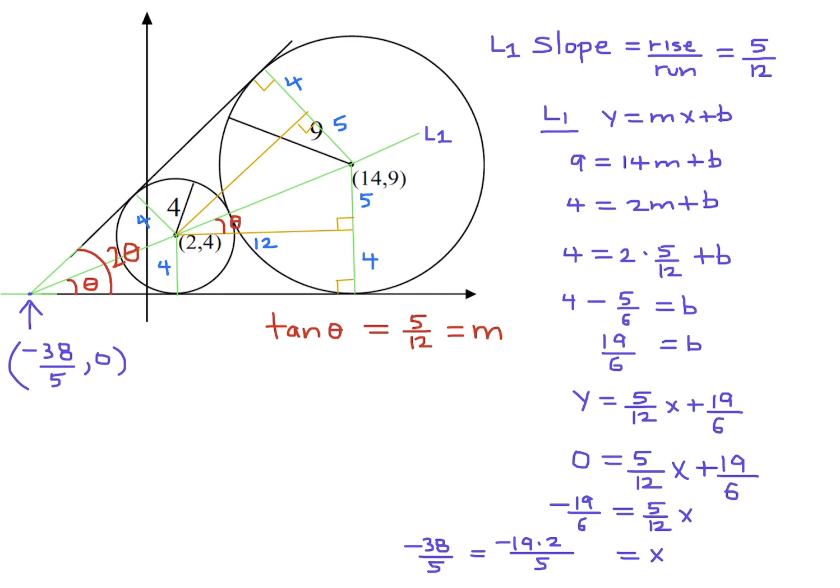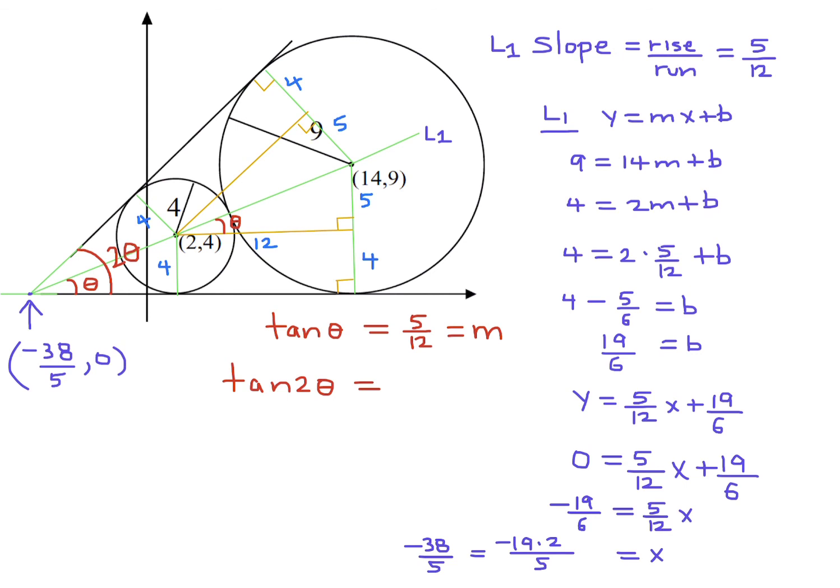So now I want to look at 2 theta. And why do I want to look at 2 theta? Well, think about it. If tan of theta represents the slope of this line, tan of 2 theta will represent the slope of that line in a very similar way.